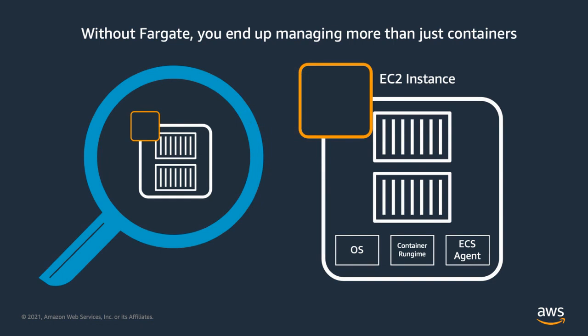So I was saying, this slide talks about similar kind of things: you need to manage a fair number of things with ECS, which is your EC2 instances. You need to do your OS level patching, your runtime things. But with Fargate, it will take care of all those things at the end of it.